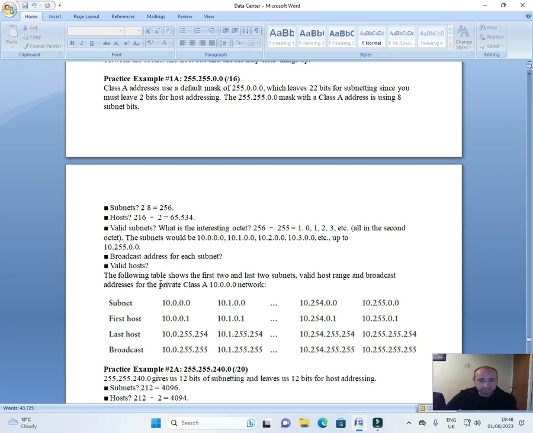Broadcast address for each subnet and valid hosts. The following table shows the first 2 and last 2 subnets, valid host range, and broadcast addresses from a private Class A 10.0.0.0 network. Subnets: 10.0.0.0, 10.1.0.0, 10.254.0.0, 10.255.0.0. First hosts: 10.0.0.1, 10.1.0.1, 10.254.0.1, 10.255.0.1.